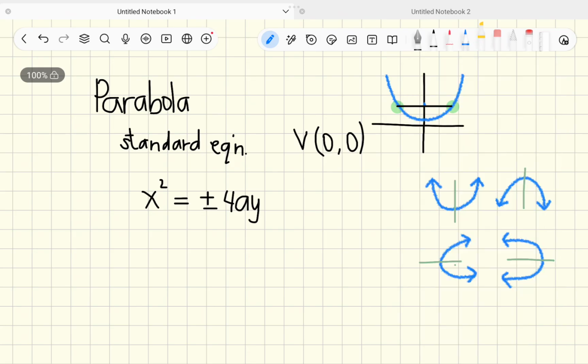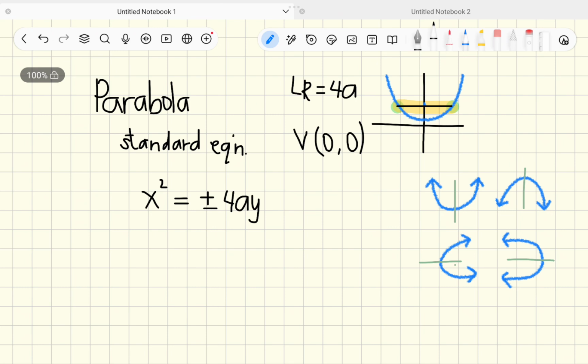This line here is what we refer to as the latus rectum, and its length is exactly 4a. Let me just write LR for latus rectum. This is 4a, and a is still the parameter. We know a is the distance from the focus to the vertex.